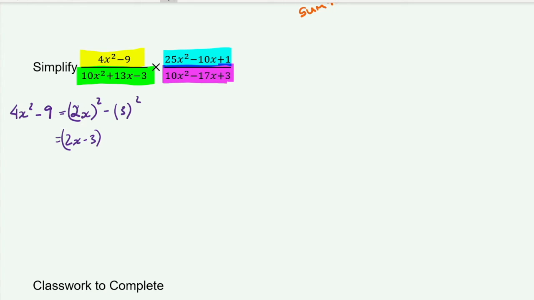But remembering, I need to have a positive in there as well. There's the first part of my problem done. Well, factorized. Not the first part of it completely done, but the first section factorized. And this is going to help us long term. First numerator done. Let's look at the second numerator.